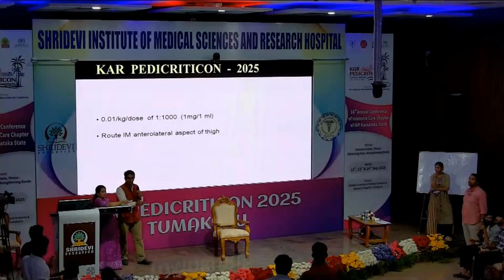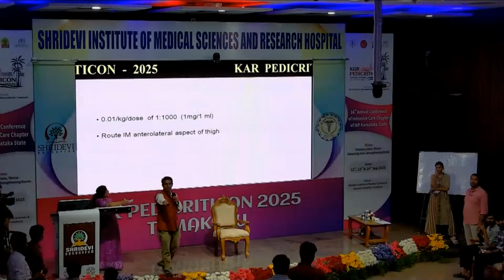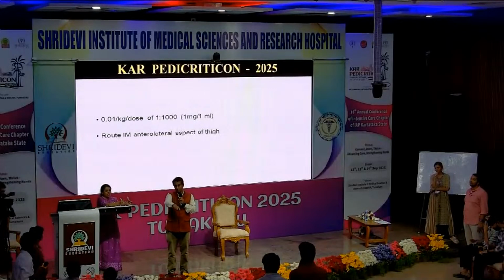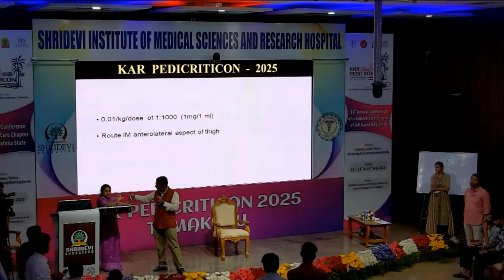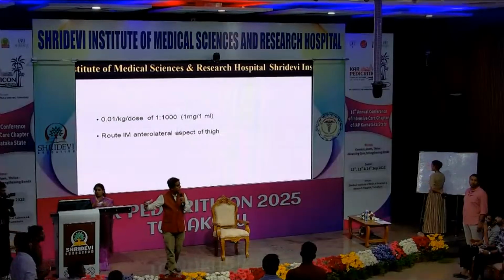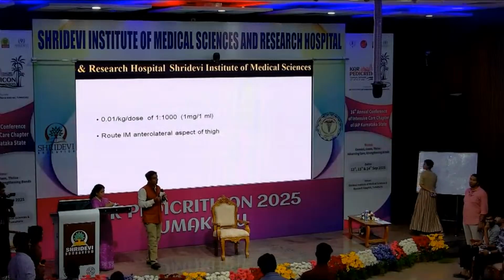You told the answer of 1 in 10,000, yes, and I repeated it. That's only A who gets it. 1 in 1000, 0.01 mg per kg, this is correct. D is not written; you've written IV.